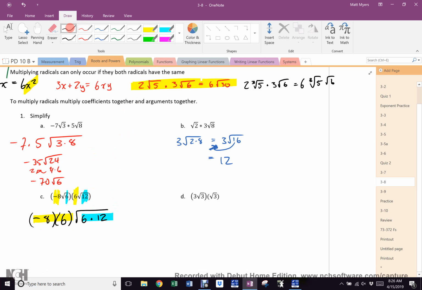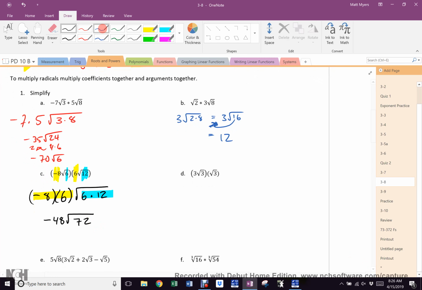Now, I'm trying not to go too fast for everyone. What is 8 times 6? 48. But the 8 is negative. So what is it? What is 6 times 12? 72. What should we do now?